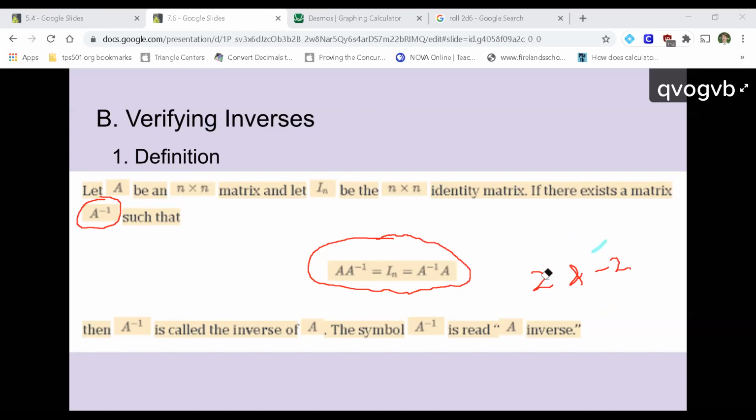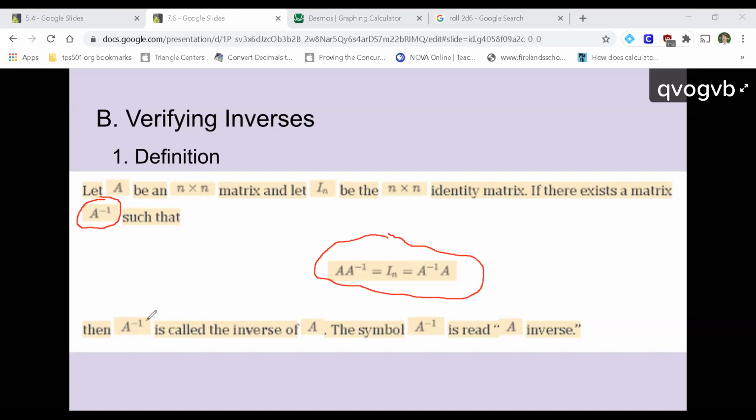If A is a matrix that is invertible, then its inverse is the other matrix you multiply it by to get the identity, where there's 1 down the diagonal and zeros everywhere else. Please note that A inverse is not A to the -1 power.